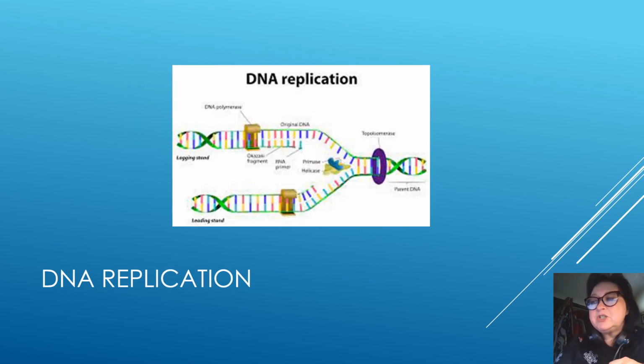DNA replication requires the enzyme DNA polymerase. Now remember, anytime you see "ase," that means it's an enzyme, but I digress. So DNA replication requires the enzyme DNA polymerase to travel along the single DNA strand, adding the correct nucleotide to a new strand.